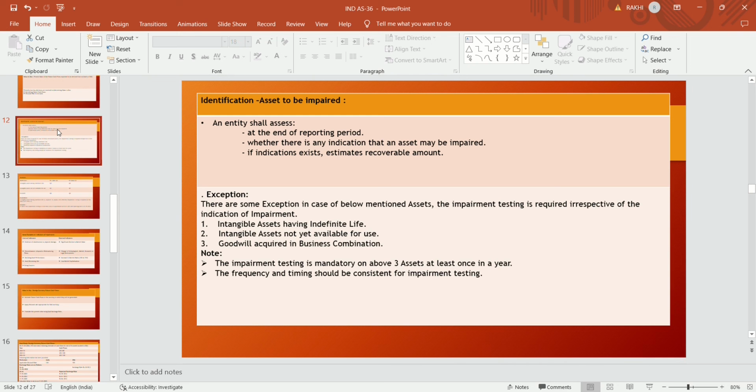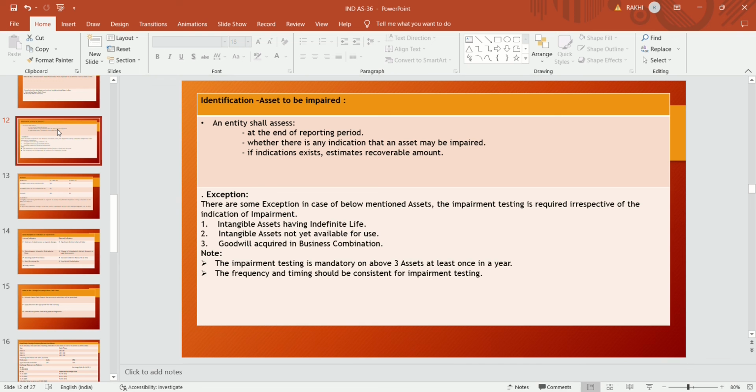If the management finds there is an indication, then only they will do the impairment testing, estimate the fair value less cost to sell or value in use, and determine the recoverable amount.